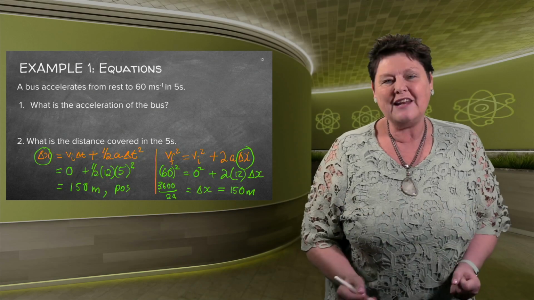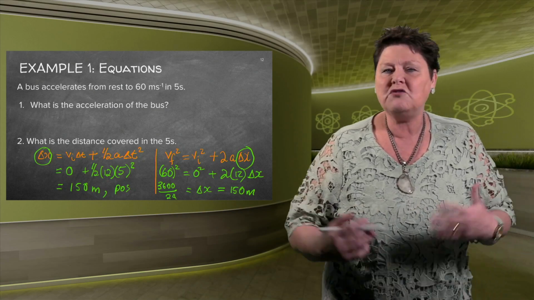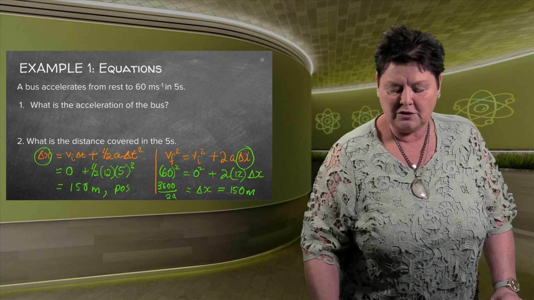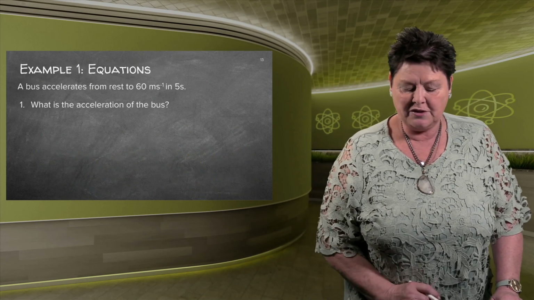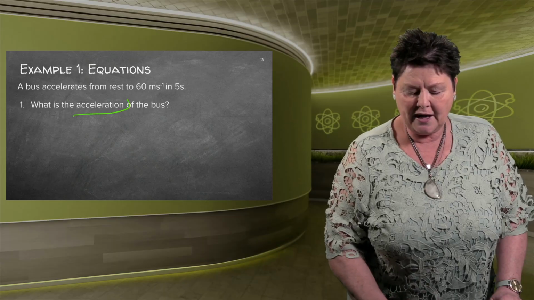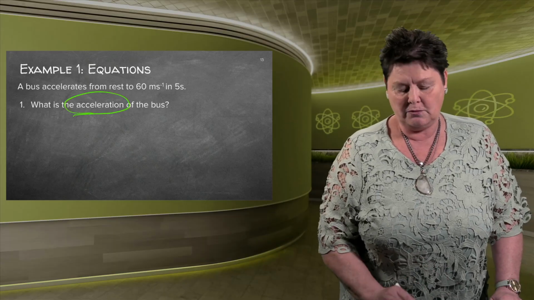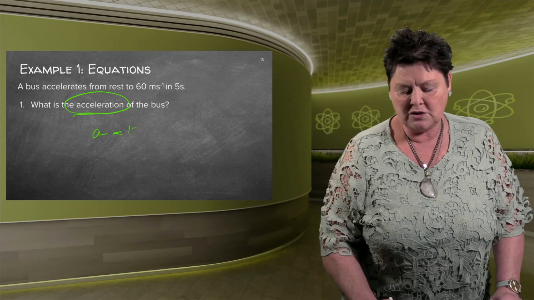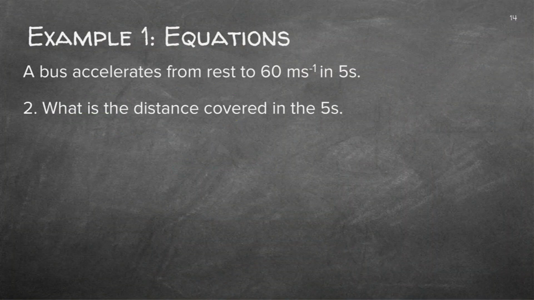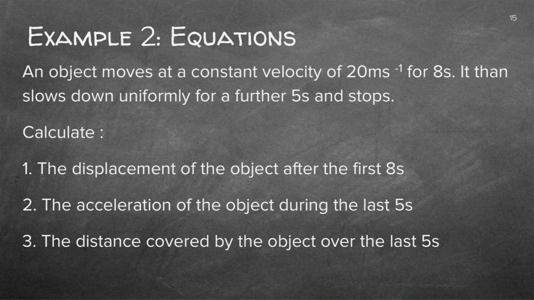So it doesn't really matter which one you use. Choose the one that you have most of the information with and go with it. Right. Did we work out the acceleration? Yes, we did. We knew that that was 12. And finally, the distance covered was 150 meters. So that's the kind of questions that will be posed to you when you get your equations.